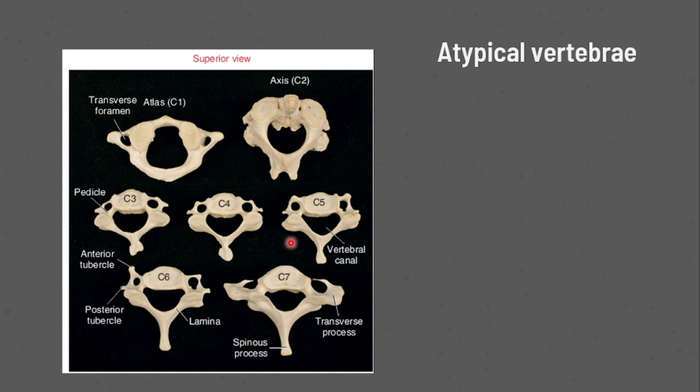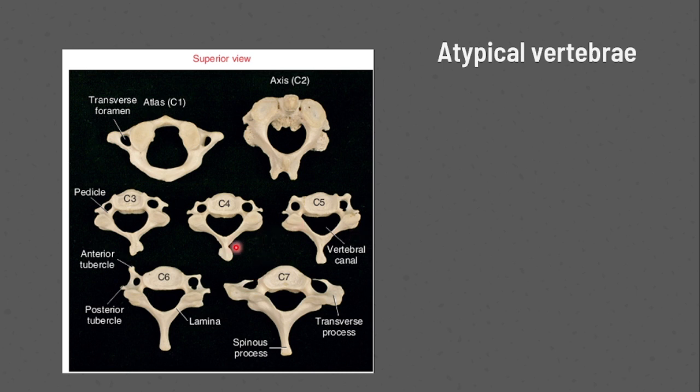They are atypical vertebrae. If you see here, the atlas, C1, has a transverse foramen and has no vertebral body and no spinous process, while C2 also has no vertebral body.